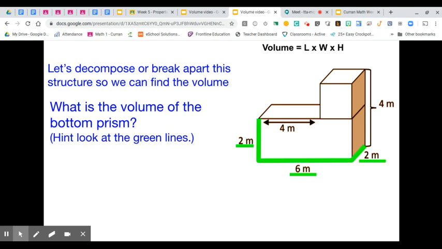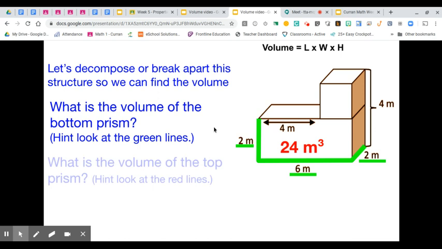So if I take a look at this rectangular prism on the bottom, so I'm just popping off the top and only looking at the bottom box, I have a length of 6. I have a width of 2 meters and a height of 2 meters. If I multiply 6 times 2, I'd get 12, times 2 equals 24. So the bottom box volume would be 24 meters cubed.